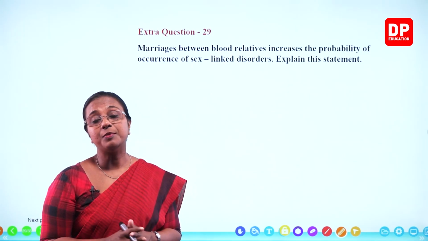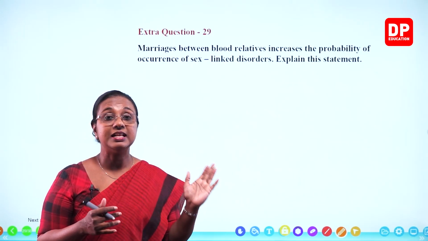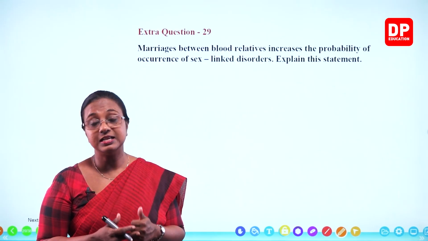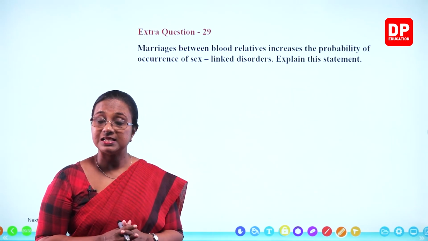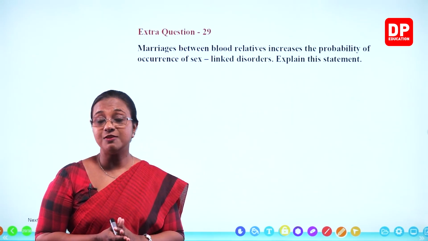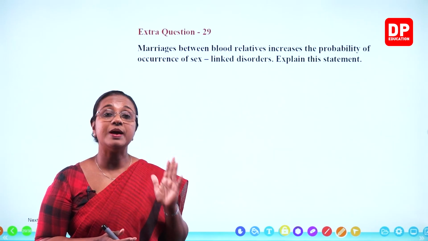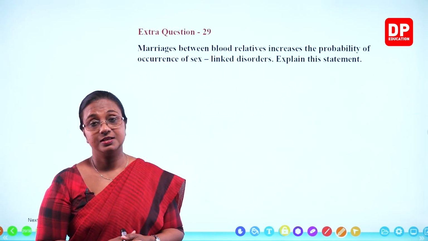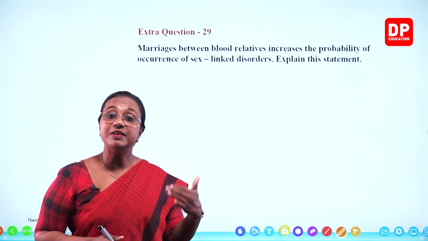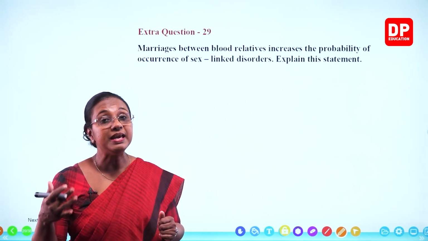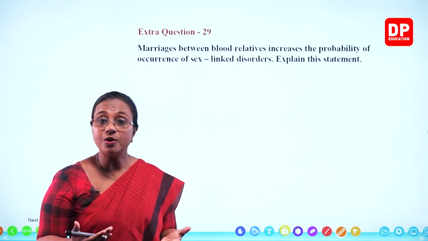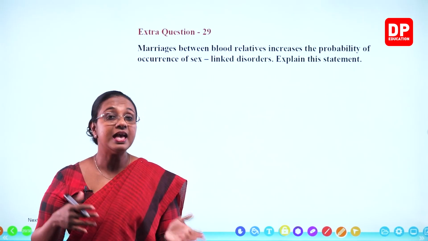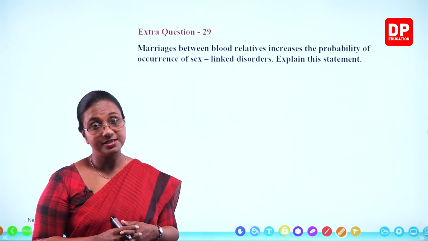But normally in the population, you don't get the double X recessive situation where the female has the disease. But in males, since the combination is X and Y, when the X chromosome has the recessive gene, the male has the disease. So another instance where the female is a carrier and the male has the disease, then also there are more chances that the children will become carriers and also will have the disease.